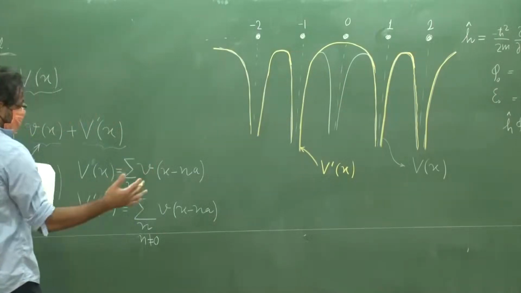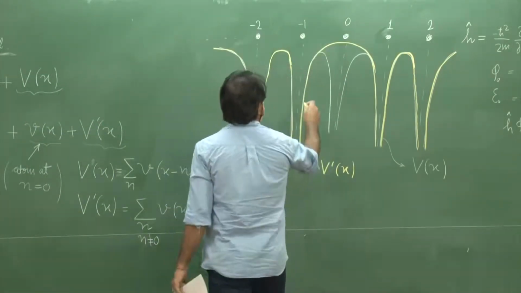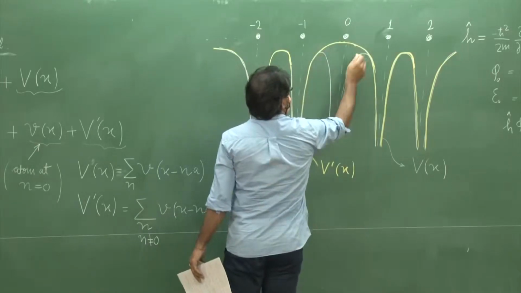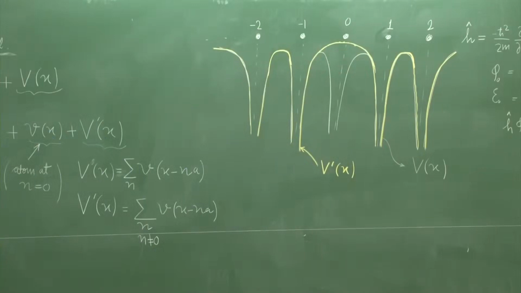They are nearly the same, Vx and V prime, except in the vicinity of x equal to 0, and this is how it has been modified. Okay. So now how should we solve this problem?